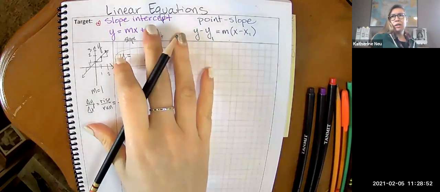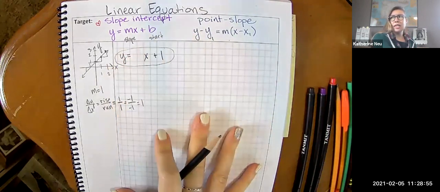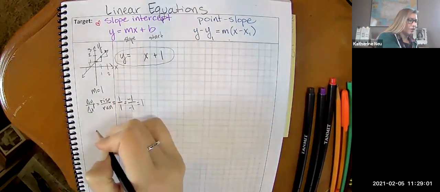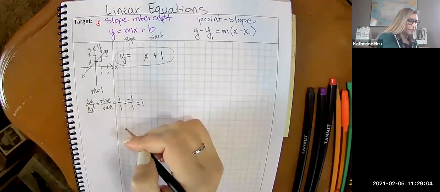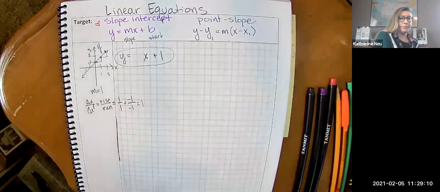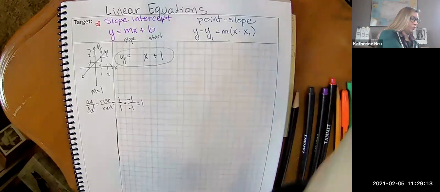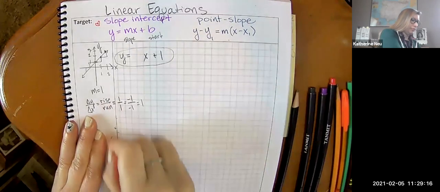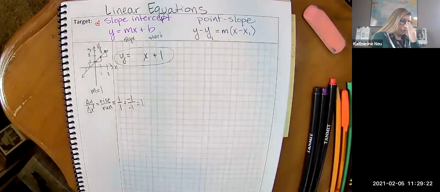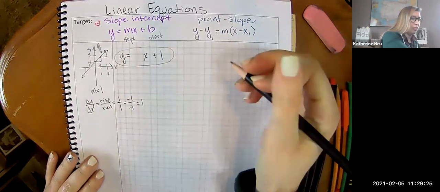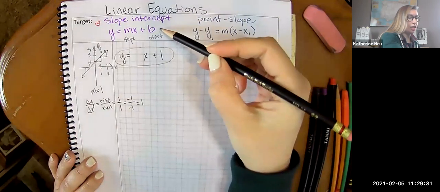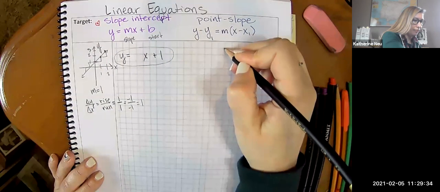For slope-intercept as well, let's say that you were given a graph that wasn't as obvious for the slope-intercept form, right?